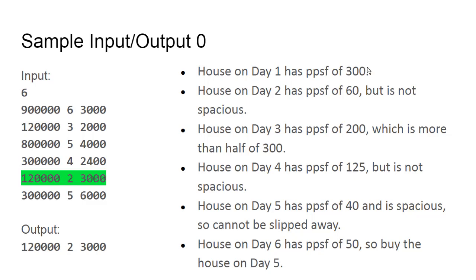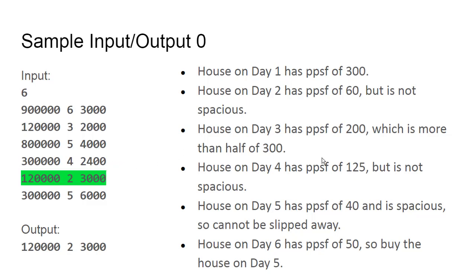So anything that's less than or equal to 150 is a good deal. The house on day 2 has a PPSF of 60. However, it's not spacious, so it only has 2,000 square feet. So we're going to skip that one. And the house on day 3 has a PPSF of 200, but this is not a good deal, because it's greater than 150.